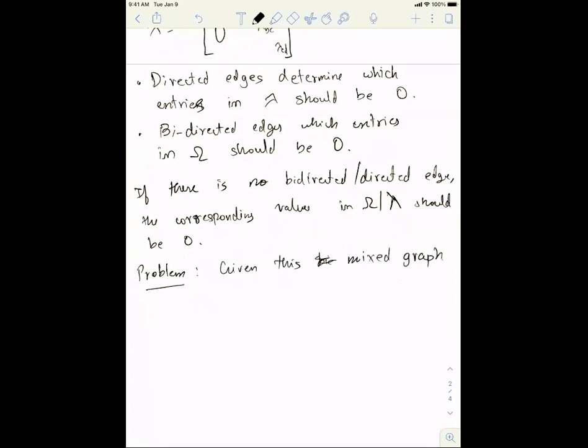So you're given a model of the world, which is an assumption you can make, or you get it from domain knowledge or somewhere, and you have the random variables. You're given these two, and you want to ask, can we obtain these matrices lambda and omega uniquely? So this is the identifiability problem.